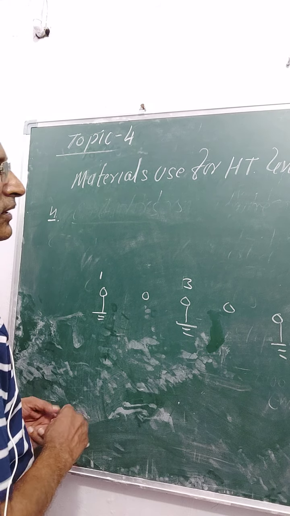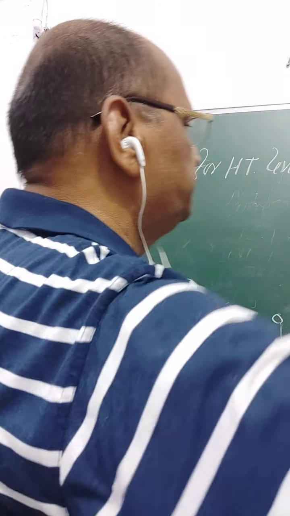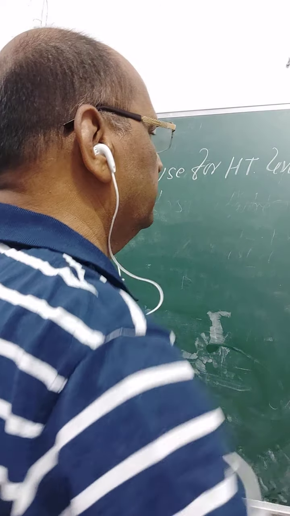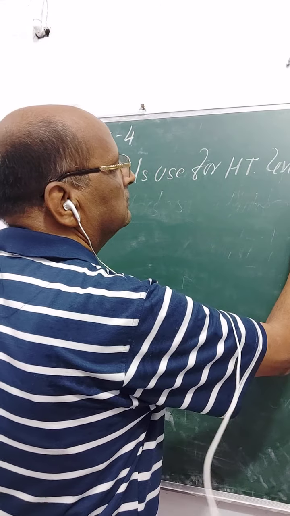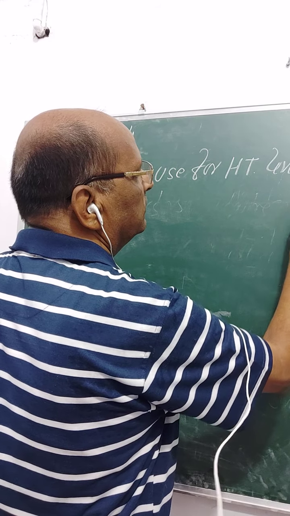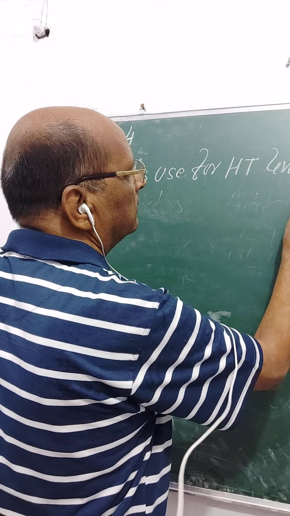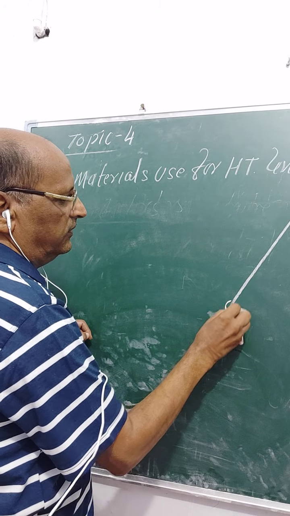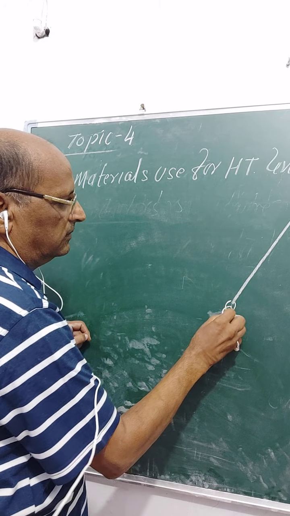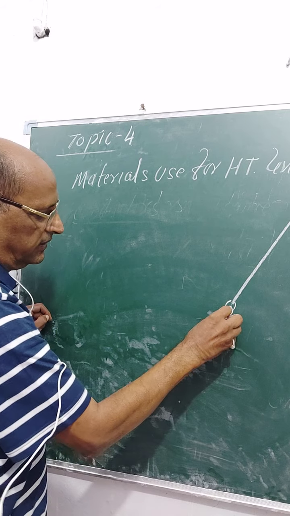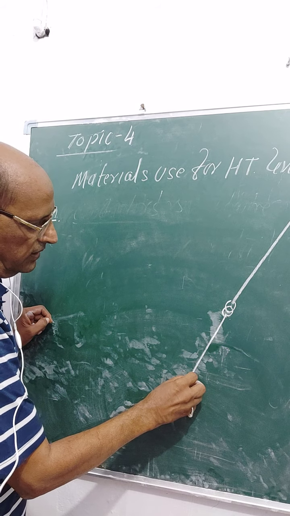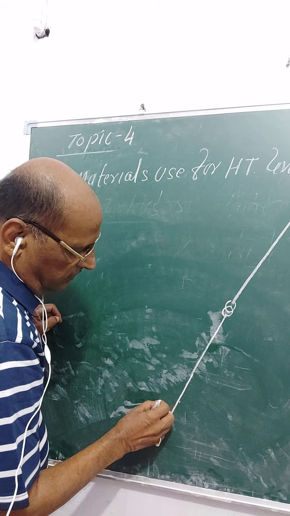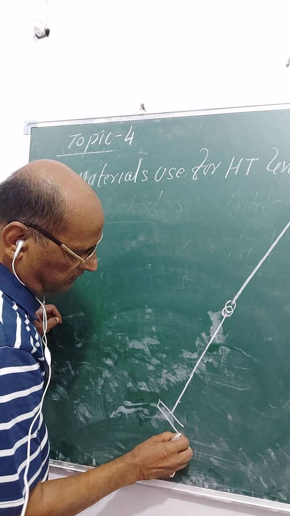Now when we talk about stay, stay is provided whenever there is a line turn. So this is the stay clamp, and from the stay clamp, this is the stay insulator, and below the stay insulator it is having a stay plate.